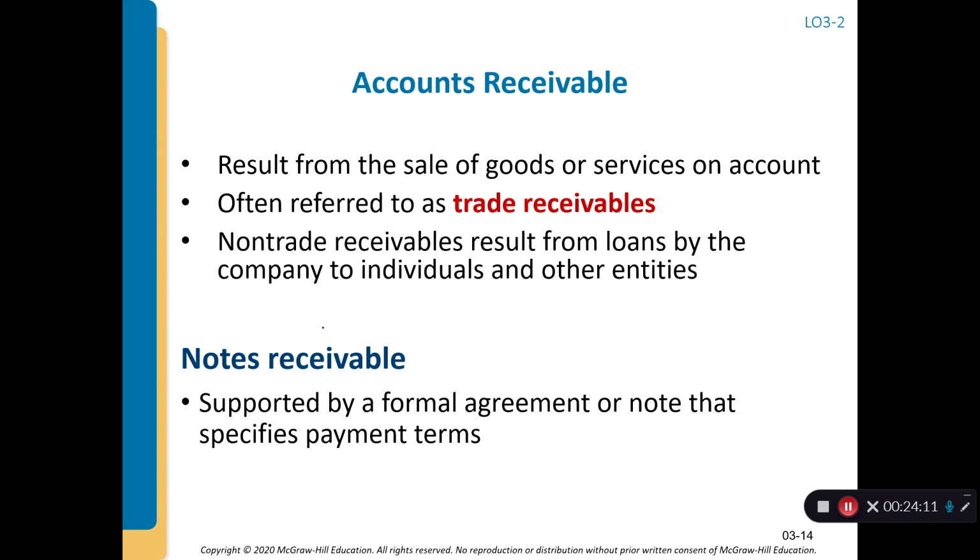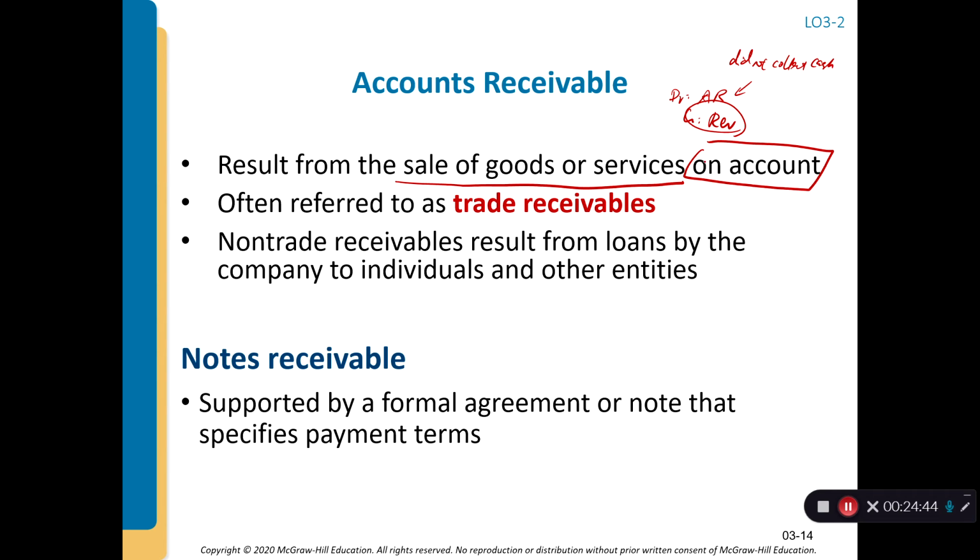Okay, accounts receivable. I think we talked quite a lot about this in financial accounting. First of all, accounts receivable is a result from the sale of goods and services on account, meaning that you already offered the services and you recognized the revenue, but you didn't collect cash, right?